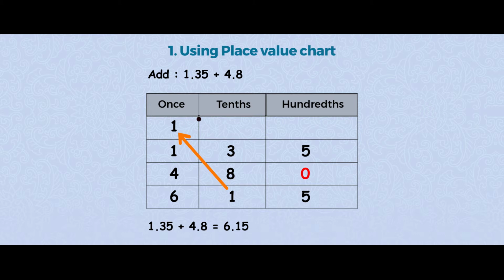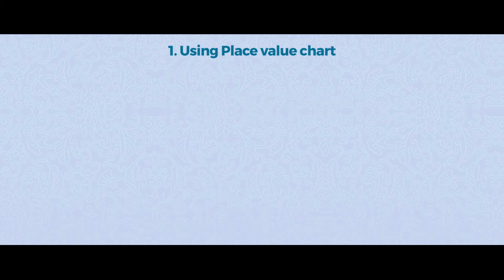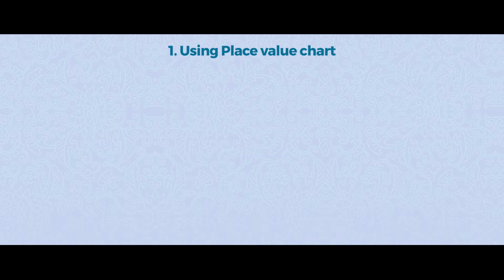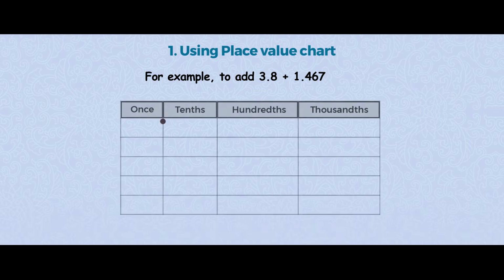Let's look at another example. Decimals with a different number of decimal digits can still be added. Meaning, here, in one of the addend, you have more digits, digits to the thousandth. It's very simple. Just draw the place value chart.